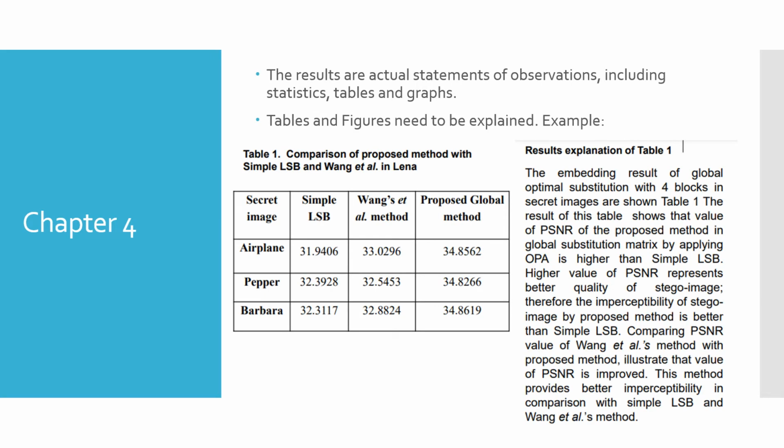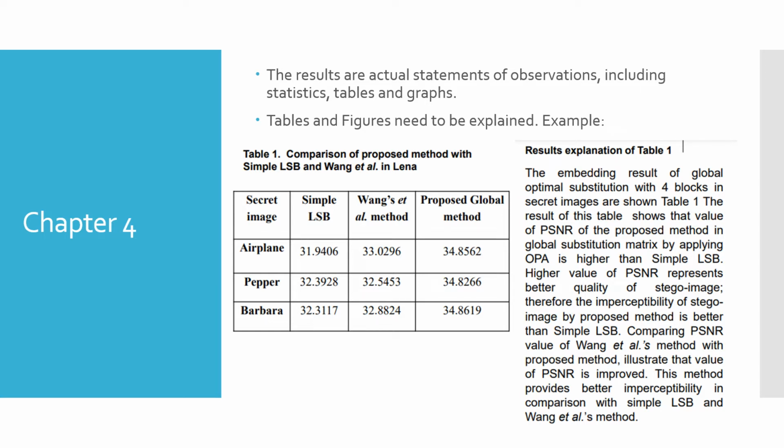We will look at one example here. For this work, they present the result in a table. This result is actually statements of observation. Look at the caption, table 1. But if it is in chapter 4 of your report, you should put table 4.1 and then some explanation of what this table is all about.